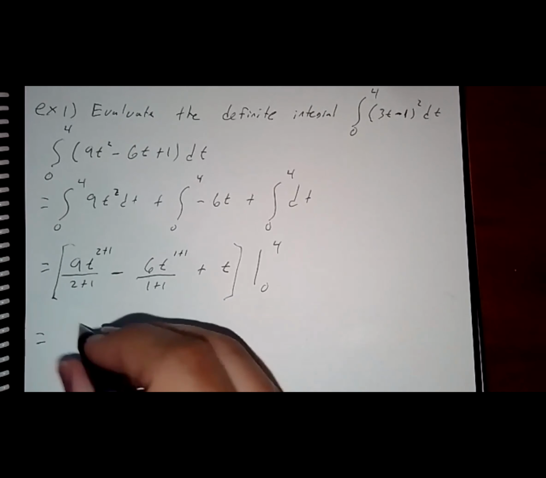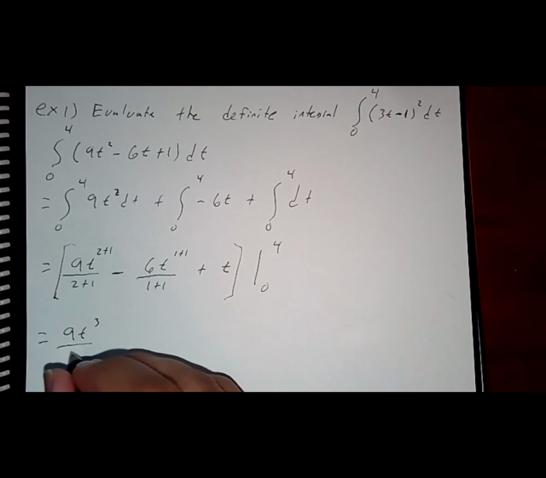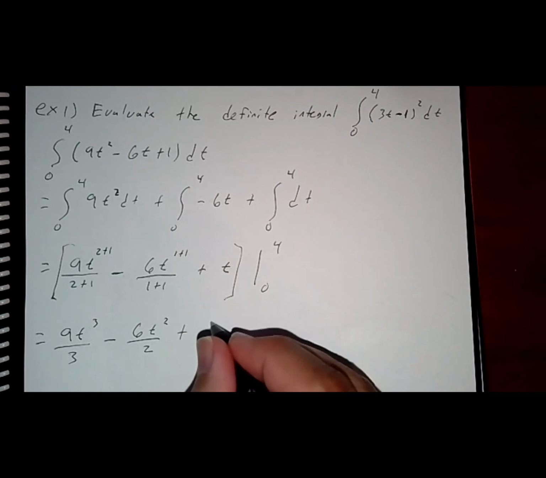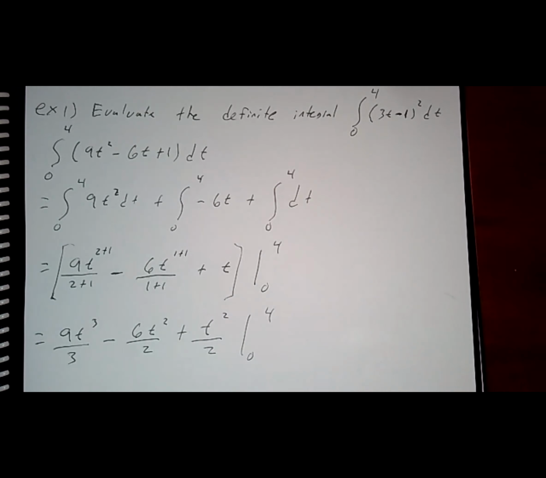That'll be 9t cubed over 3 minus 6t squared over 2 plus t squared over 2 from 0 to 4. Are you still with me on these steps so far?